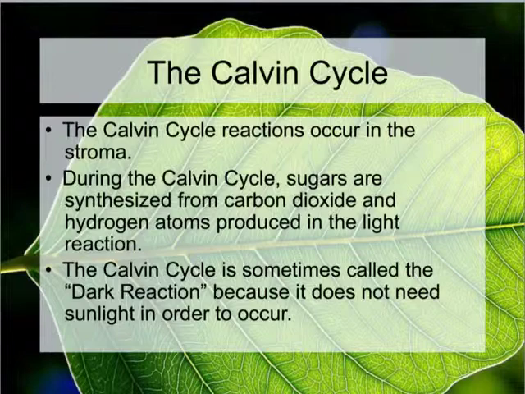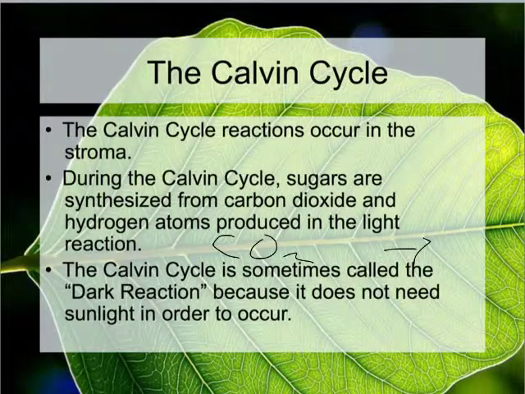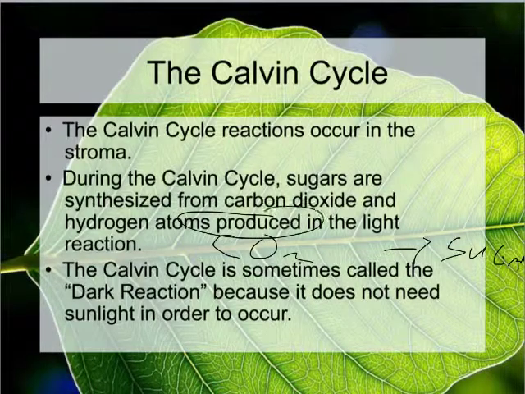What the Calvin cycle does is it produces sugar. It requires carbon dioxide, and it takes CO2 and converts it into sugar through the products of the light reaction.